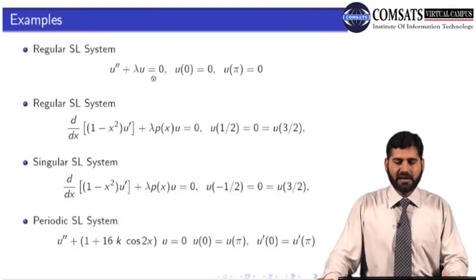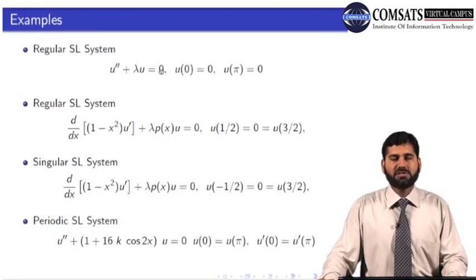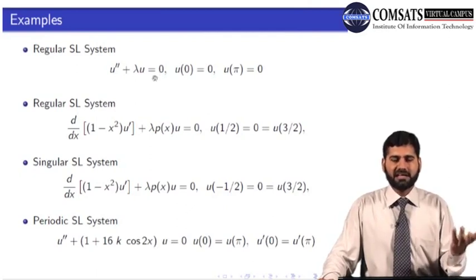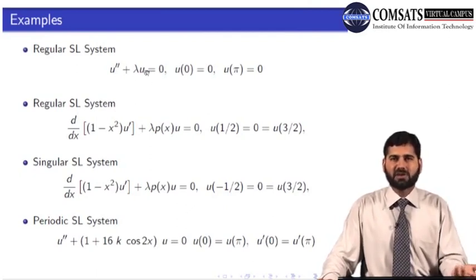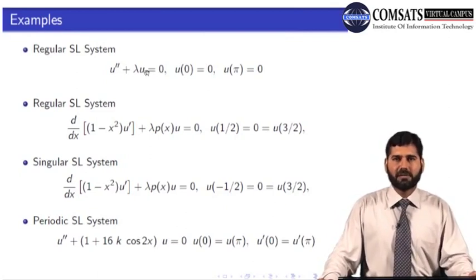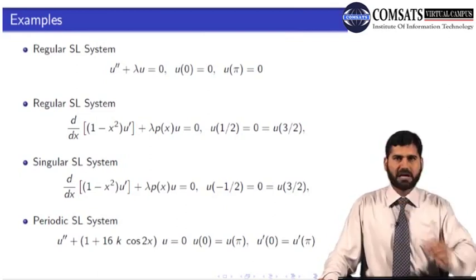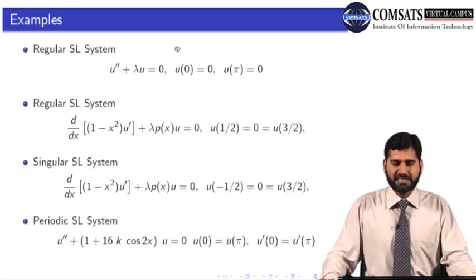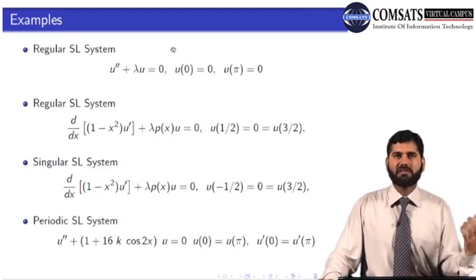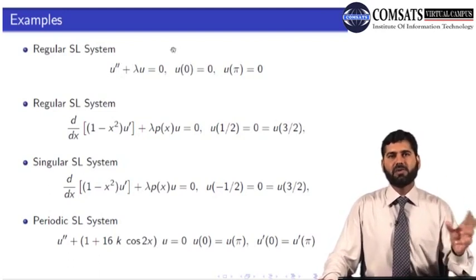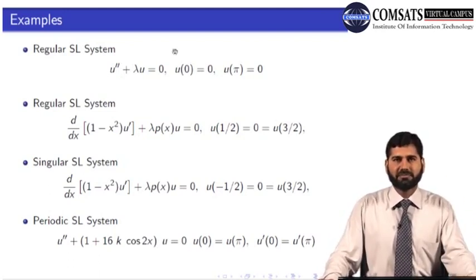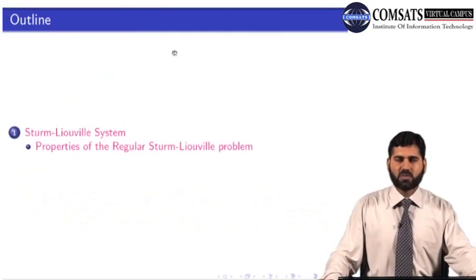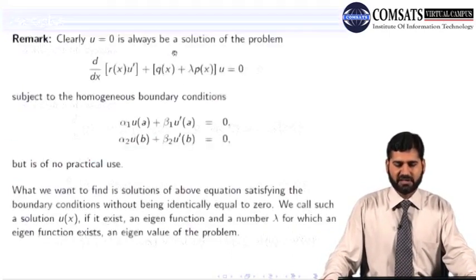If you look at here, this is u double prime plus lambda u is equal to 0. It is the same equation which we have been solving in different PDEs when we use separation of variables with boundary conditions, something like this, right? So basically we have already solved a special case of the Sturm-Liouville eigenvalue problem, and not just once, many times we have solved it.